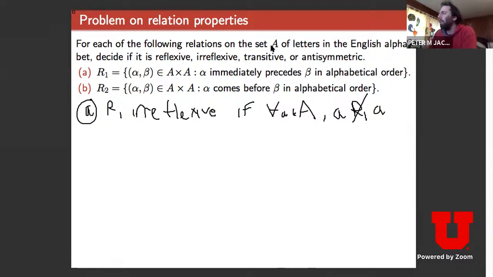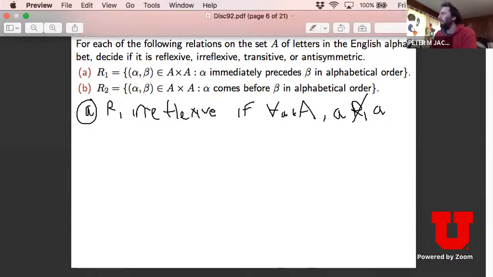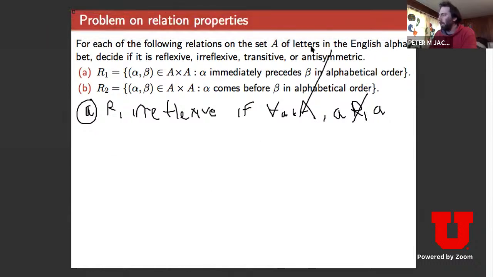The next one is transitive. Is it transitive? Does anybody have any thoughts? Okay, so that's right.